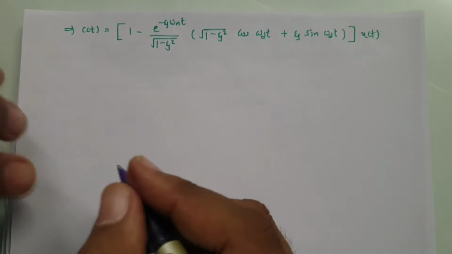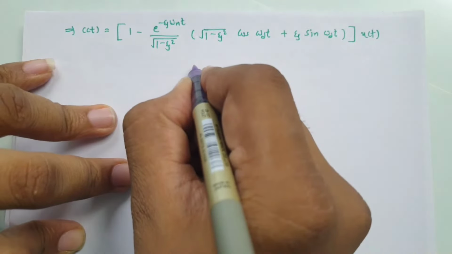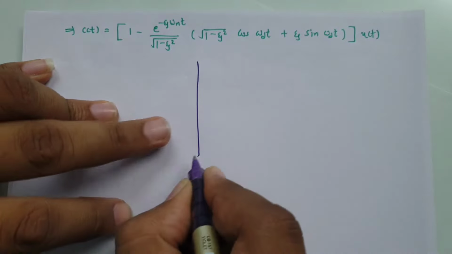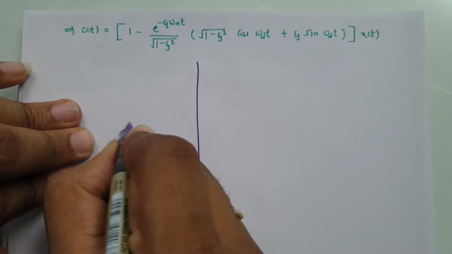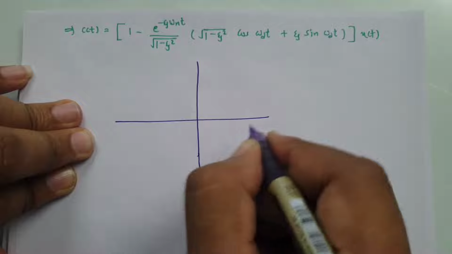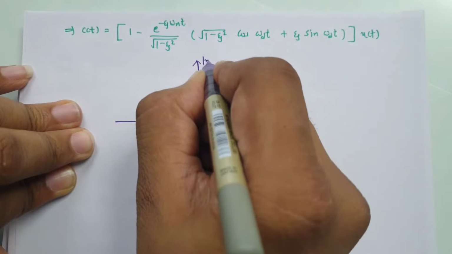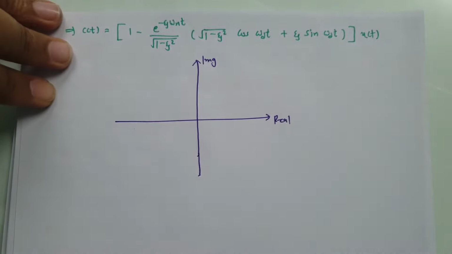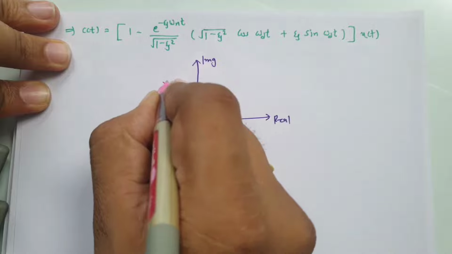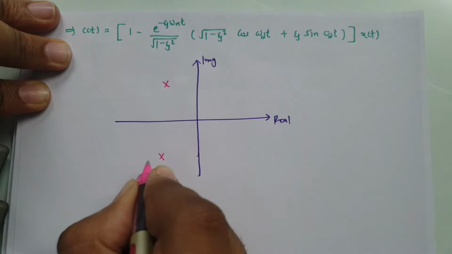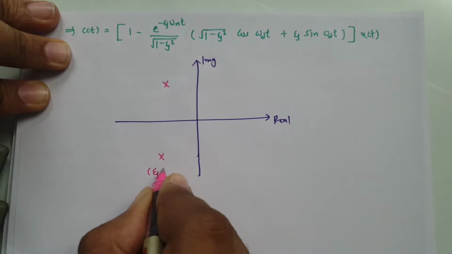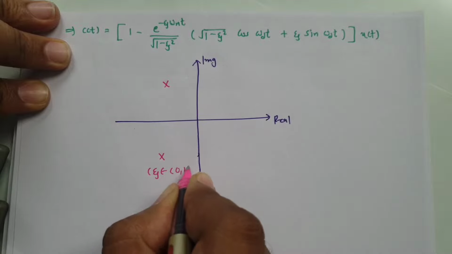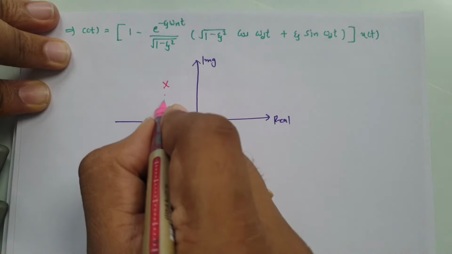Here, if you observe my previous video, which is based on the nature of roots of a second order system, in that I explained this is the imaginary component and this is the real component, and we were having complex conjugate roots for zeta between 0 and 1.